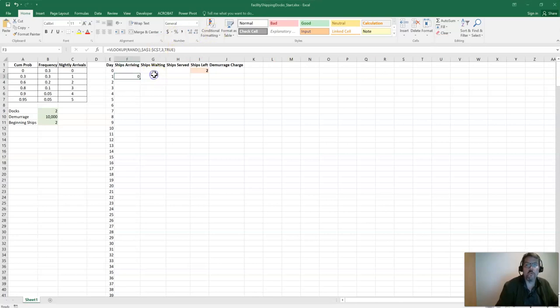So how many ships were waiting on day 1? Well, that's the number of ships who came the previous day, or were left the previous day. How many ships get served? Well, just 2 docks, so 2 ships to be served per day.